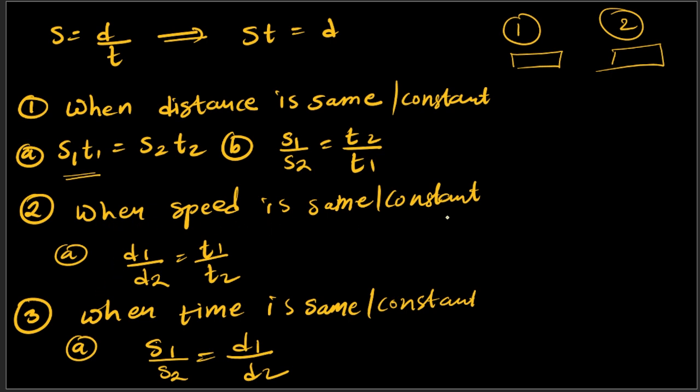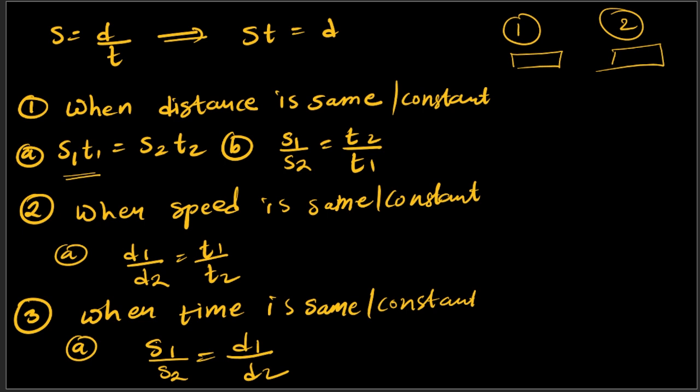Now when speed is same or constant, we have to take d1 upon d2 is equal to t1 upon t2. Simple. Here 1 1, 1 2, 1 2. And when the time is constant, we use s1 upon s2 is equal to d1 upon d2. All clear?